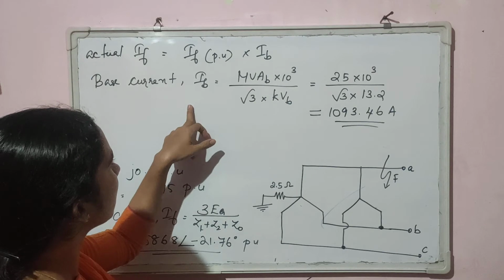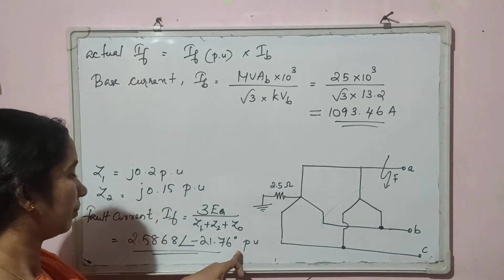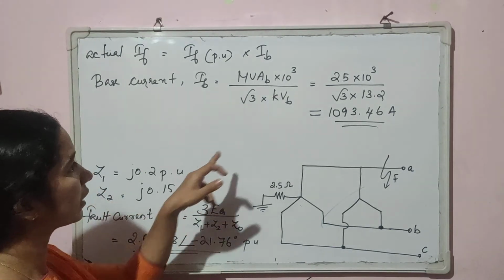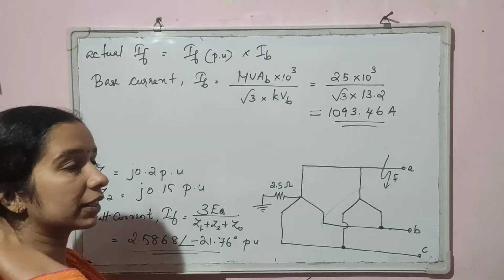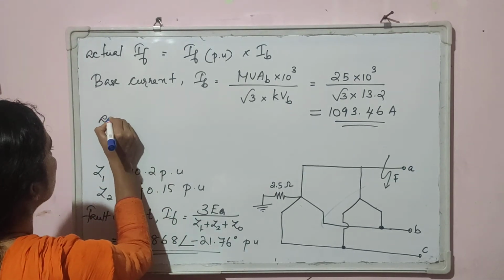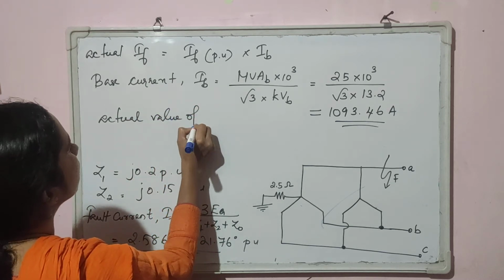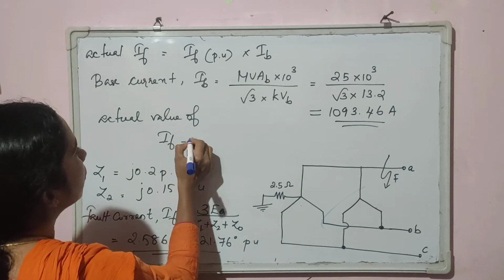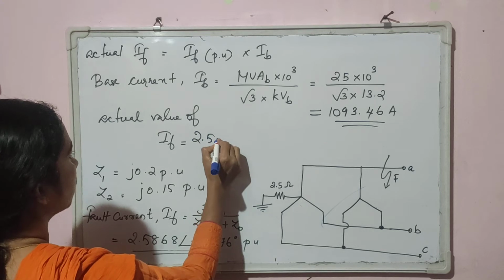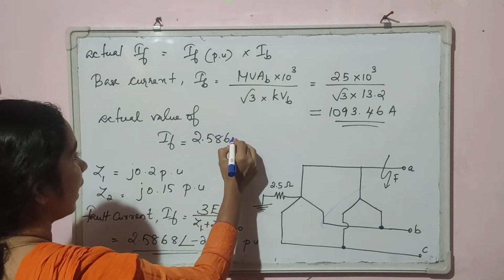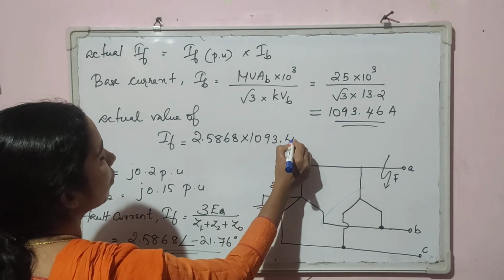Now, on multiplying the magnitude of per unit value of fault current by the base current, we will get the magnitude of actual fault current. So actual value of IF will be equal to the magnitude of per unit value, that is 2.5868, into the base current, that is 1093.46.